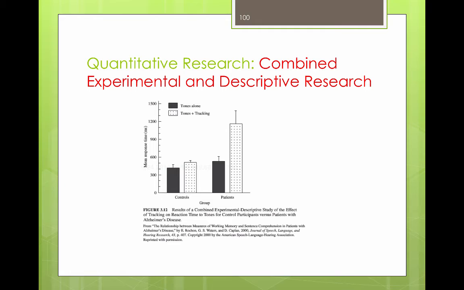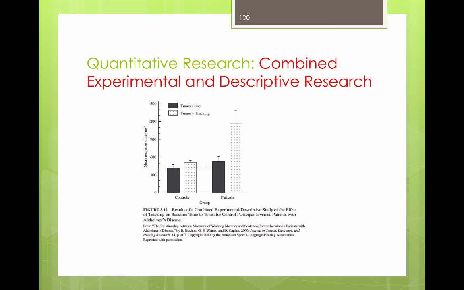So here we have the results of a combined experimental descriptive study of the effect of tracking on reaction time to tones for control participants and participants with Alzheimer's disease. So two groups, controls and those with Alzheimer's disease.